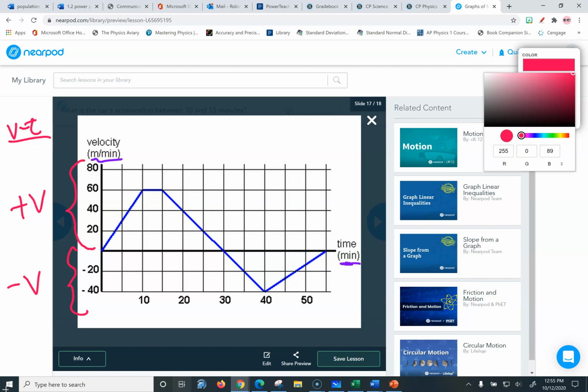And then remember that your slope gives you your acceleration. So this is what I say for velocity graphs. I know it seems kind of redundant, but you'll see why. Positive V. If it's horizontal, hopefully you remember that that's a constant velocity.